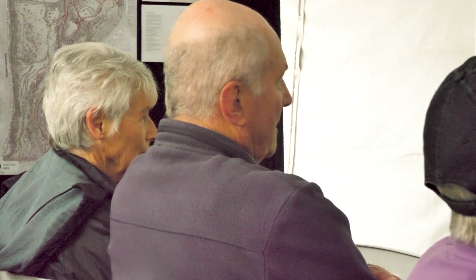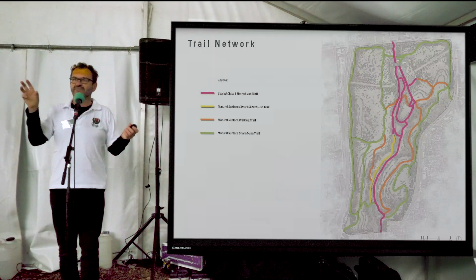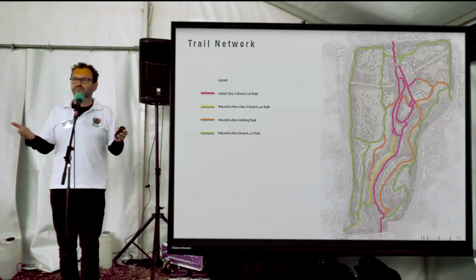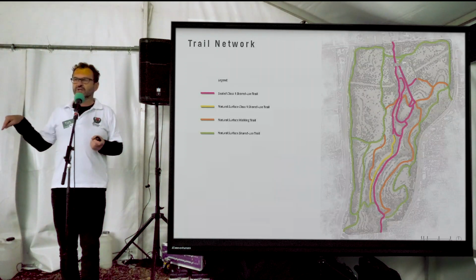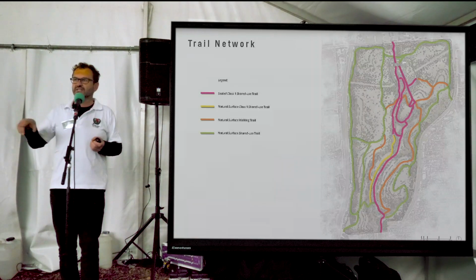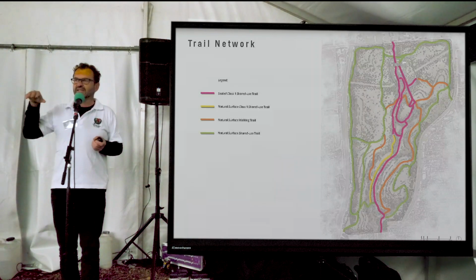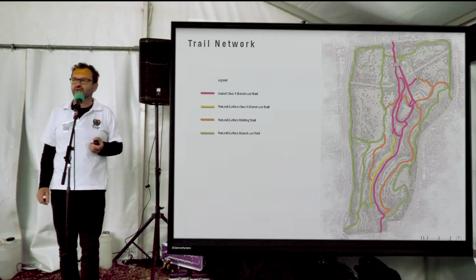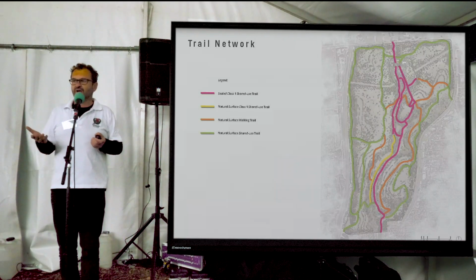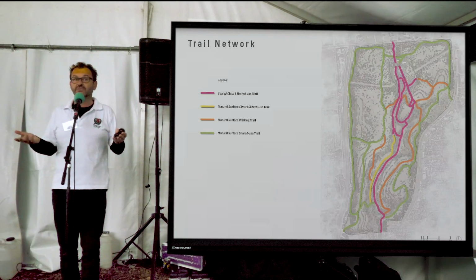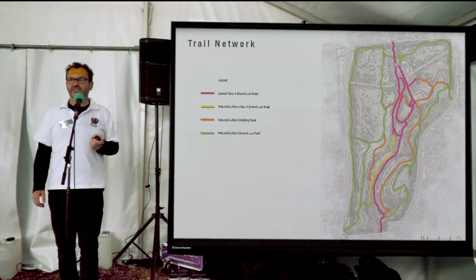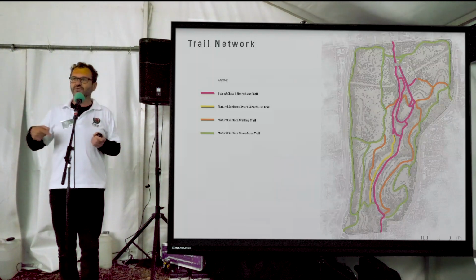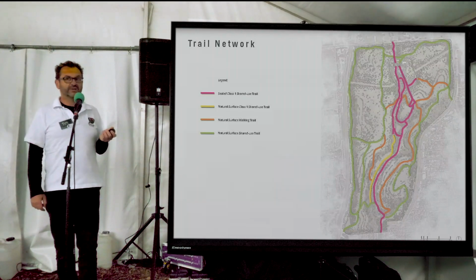Again, the idea of universal access, providing a safe, equitable environment for all users, all age groups, to be able to use that shared use trail that runs along the creek, with then a broader network of trails that extend up to hillsides, where you've got beautiful views out over the hills. So a real variety of experiences we're talking about with the trail network, and there's been some extensive work done on that, and a lot more work to do in terms of realising that, but a real emphasis on universal access.